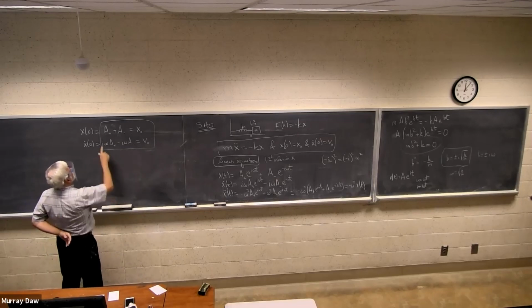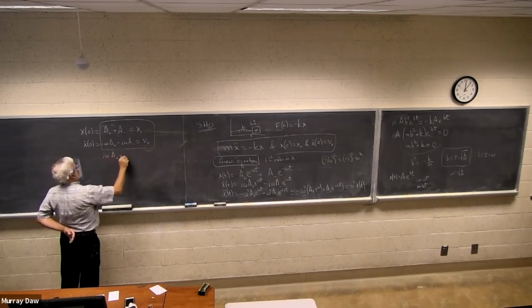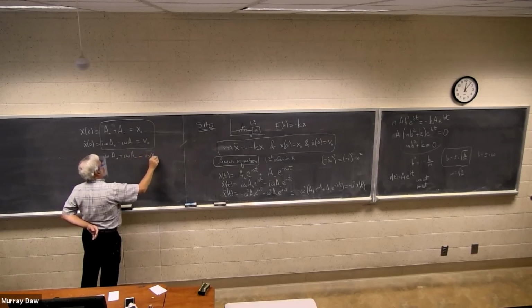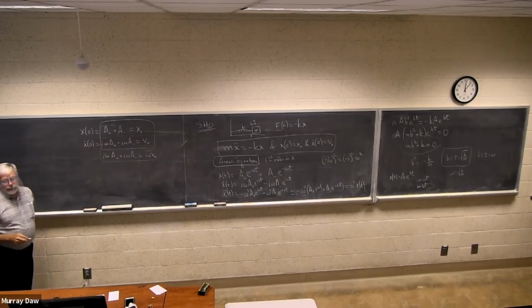So let's multiply the top equation by i over omega. These two equations, we add them together to get A plus, and we subtract them to get A minus.